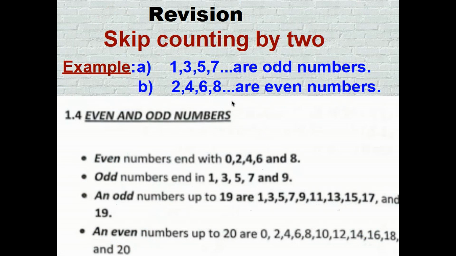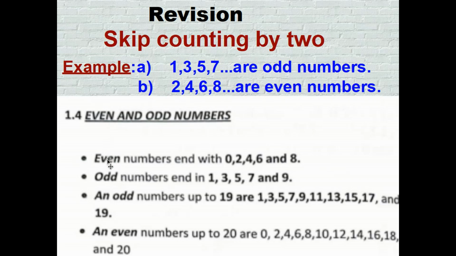Now, let's revise what we discussed last time. We have seen what skip counting means by 2, by 3, by 5, by 10, and so on. And also we have discussed what even and odd numbers are. When we say evens, they are numbers that end with the digits 0, 2, 4, 6, and 8, or numbers that can be divisible by 2.